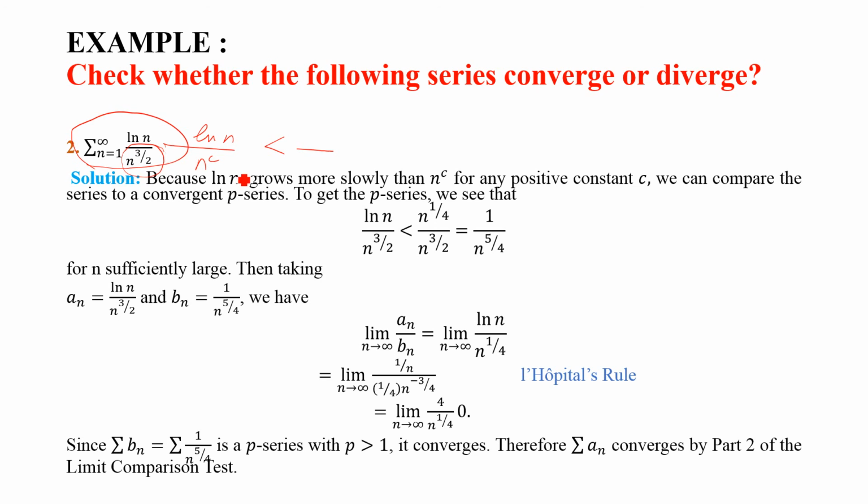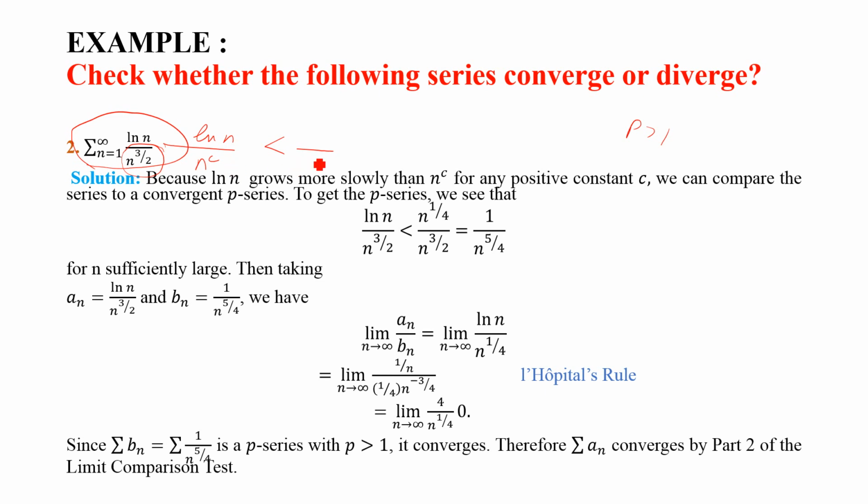If we can find such a series, then we can compare this p series with this series. And we know that a p series is convergent whenever p is greater than 1. So we have to see that, and by the comparison test, we also know that if the greater series is convergent, then the smaller series is also convergent, right?